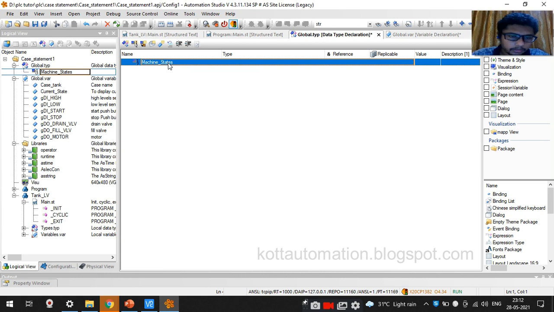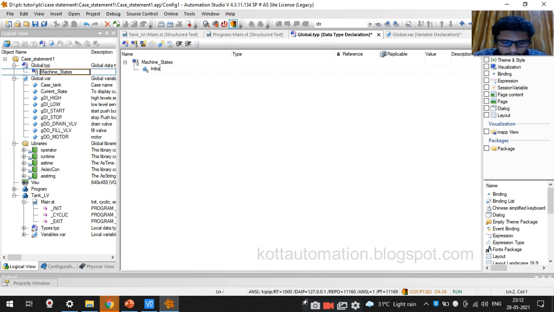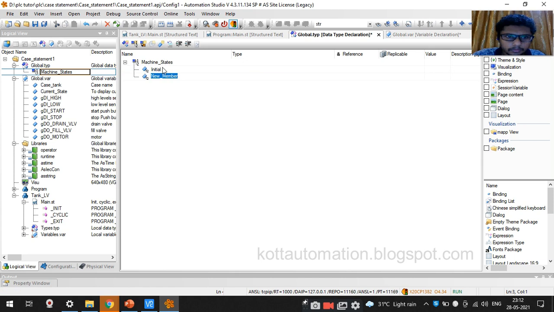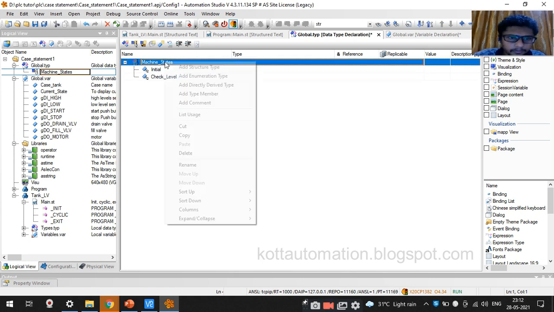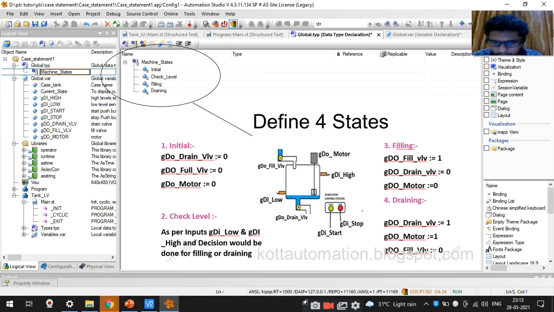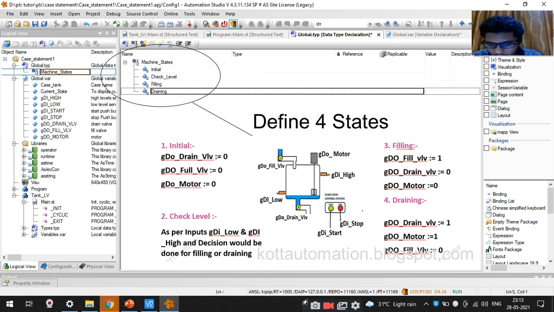We have four states: initial, check level, filling, draining. So these are the four states.